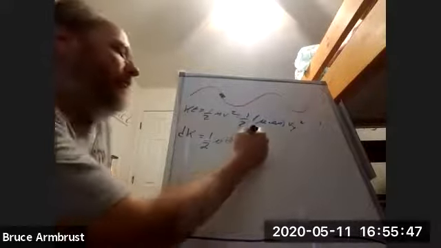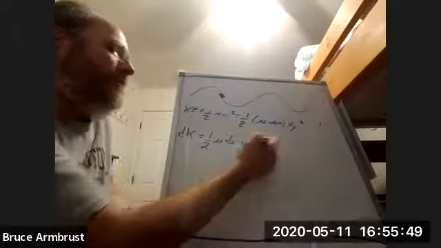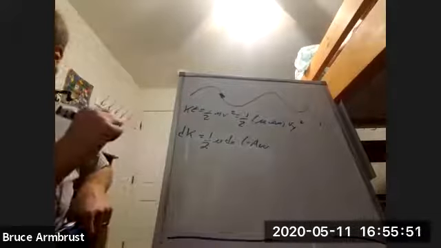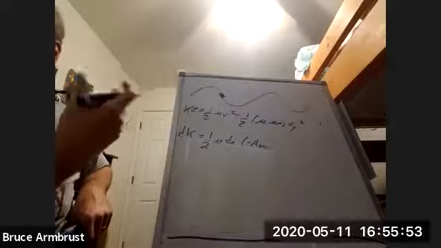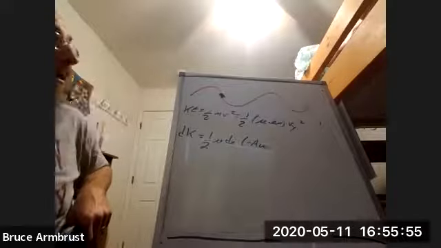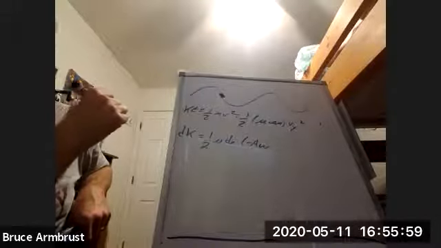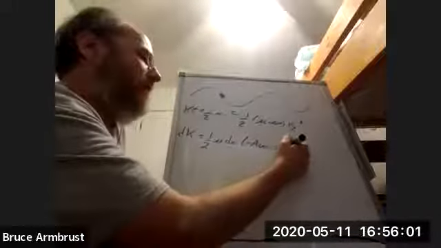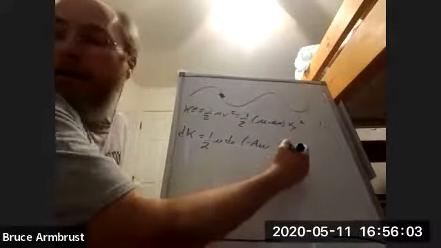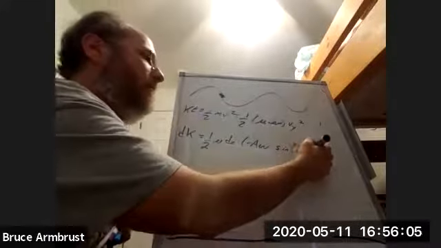And the velocity in the y direction, if you go back and look at what we derived, let's go with it like it was a cosine again. We saw that it was minus A omega times the sine of kx minus omega t.